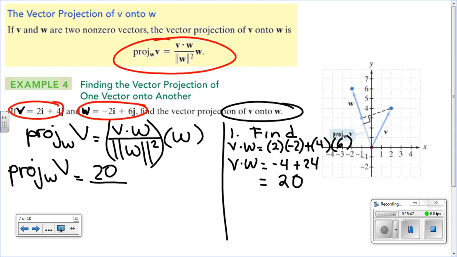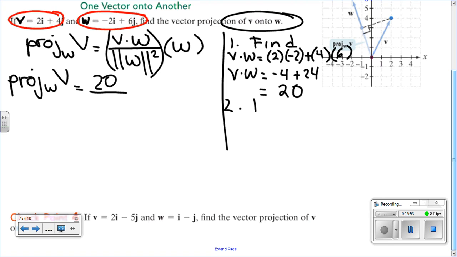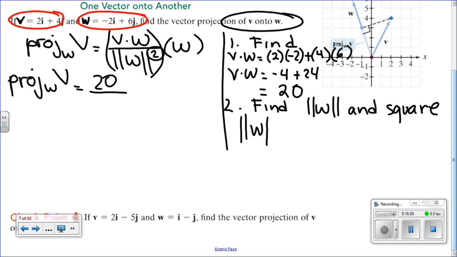And then what is the second? We need to find the magnitude of W, and then we square it. Since you're squaring the square root, wouldn't the square root just cancel? Exactly. So let's find the magnitude of W squared.